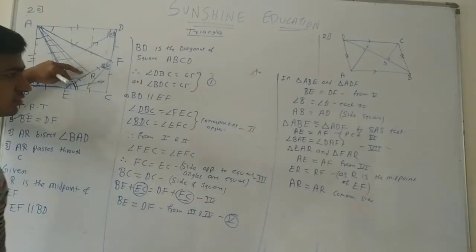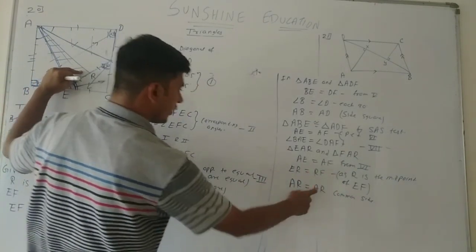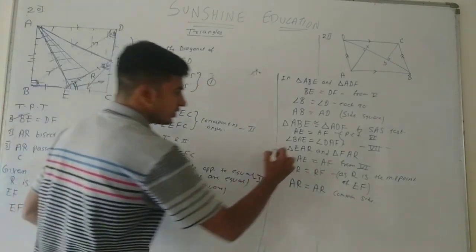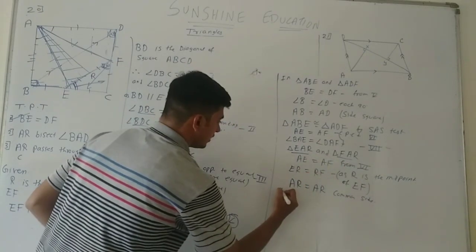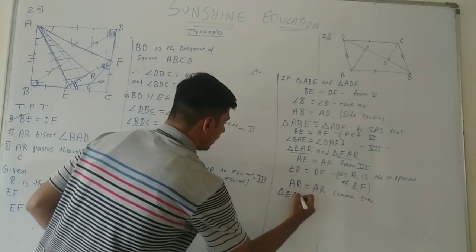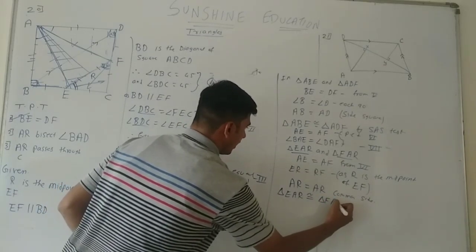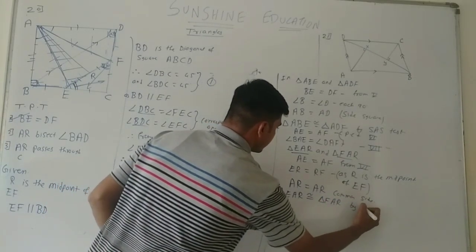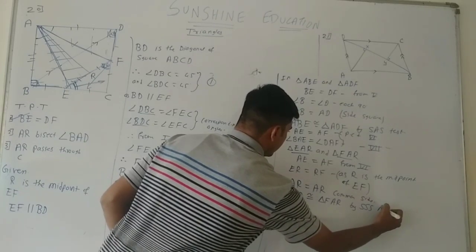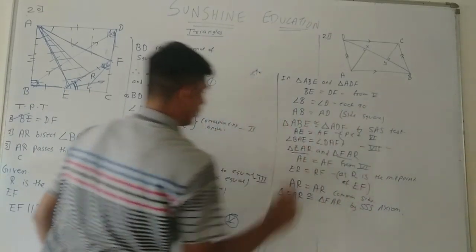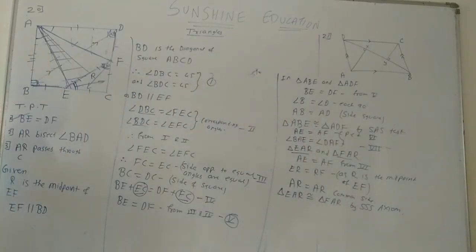Then we have ER equal to RF, R is the midpoint. AR is equal to AR, common side. Therefore, triangle EAR is congruent to triangle FAR by side side side axiom.